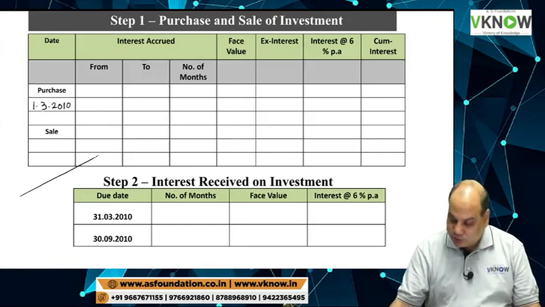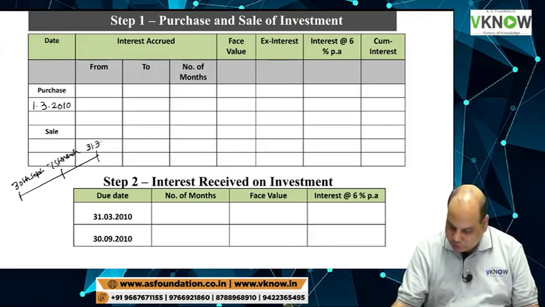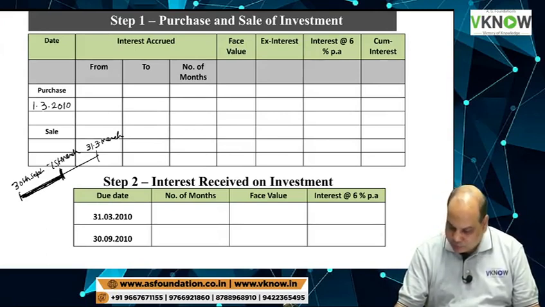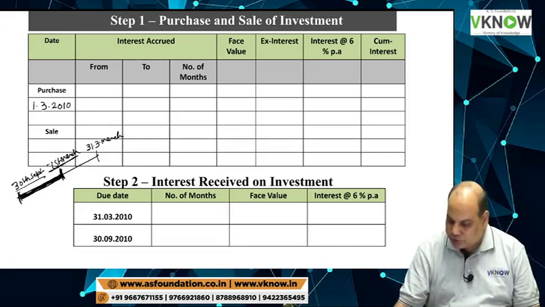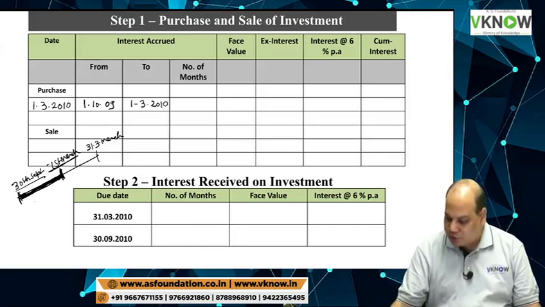Suppose this is my timeline: 30th September, then there is 1st March, then there is 31st March. So interest will accrue from 30th September of the previous year to 1st March of this year. I will write like this: 1st October 2009 to 1st March 2010. This is the period for which interest has accrued.